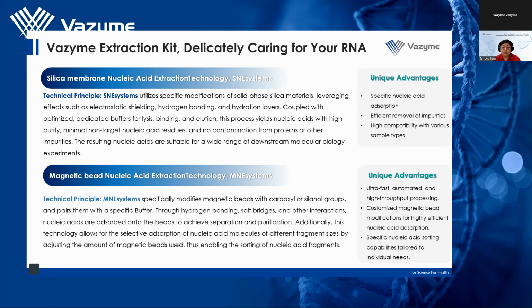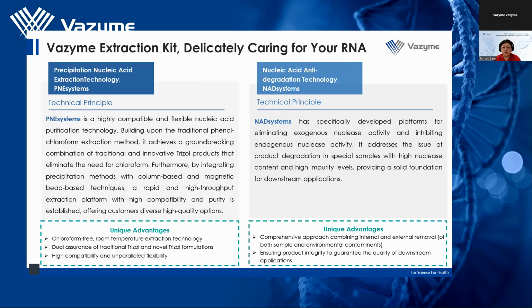The platforms include silica membrane nucleic acid extraction technology, magnetic bead-based nucleic acid extraction technology, precipitation-based nucleic acid extraction technology, and nucleic acid degradation prevention technology. These are the 4 that we have.